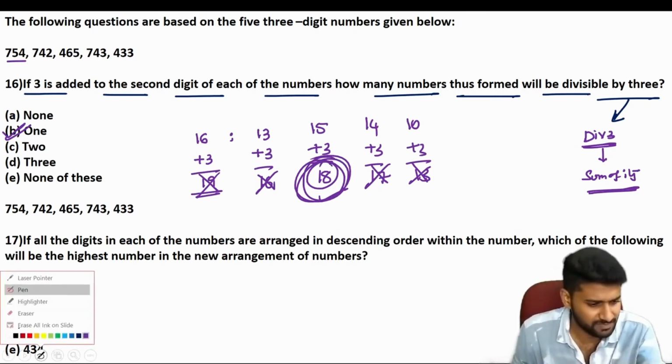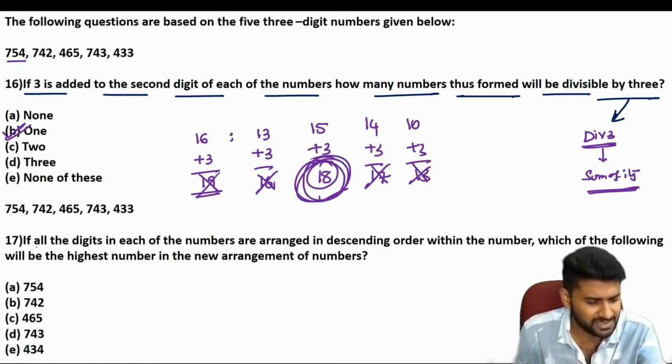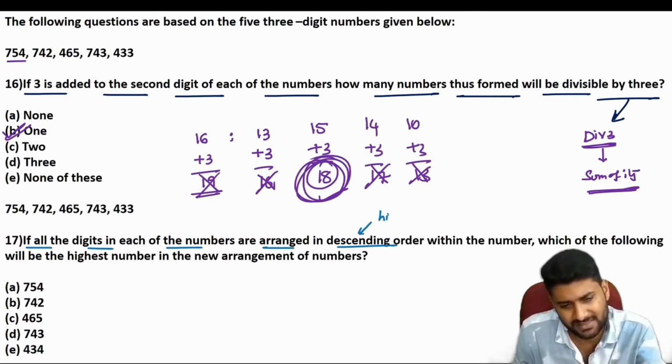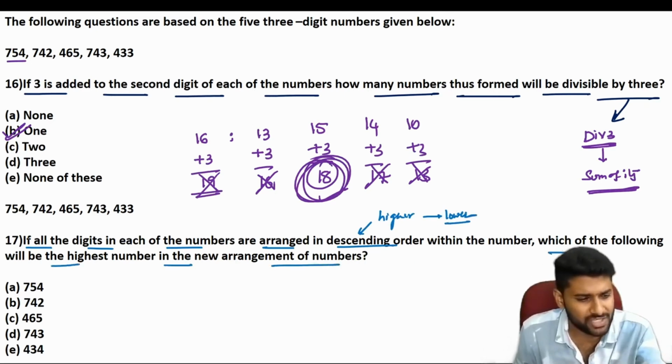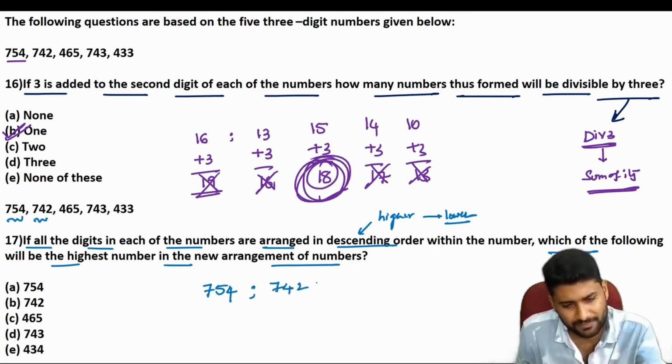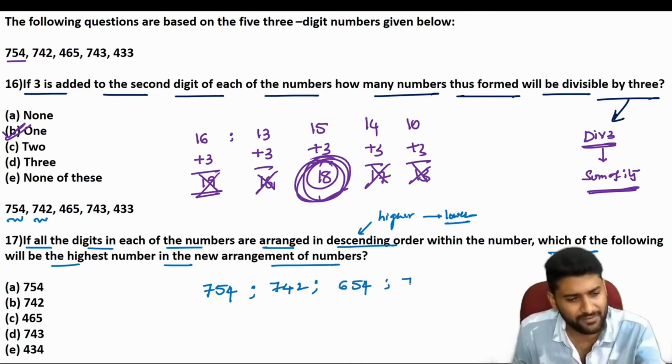Now see the next question. Again, consider the same numbers, but with a different condition. If all the digits in each number are arranged in descending order, meaning higher digit to the lower digit, which of the following will be the highest number in the new arrangement? 754, it's the same, no need to change anything. 742, it's also the same. 465, you have to change that number to 654. 743 looks the same. 433 is the same.